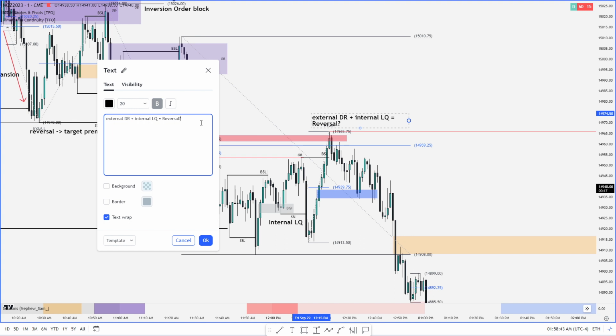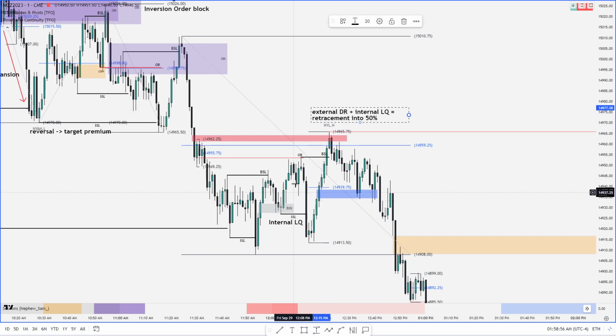Or does that equal retracement? Might equal retracement into 50% of stop hunt to stop hunt down to here.